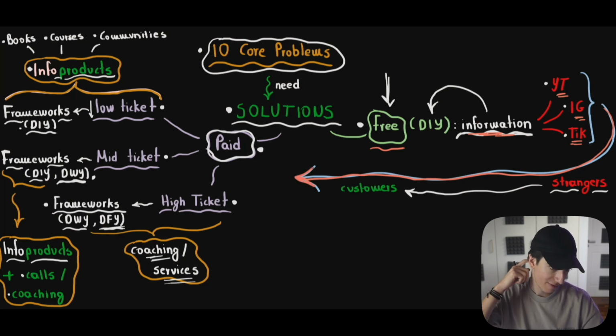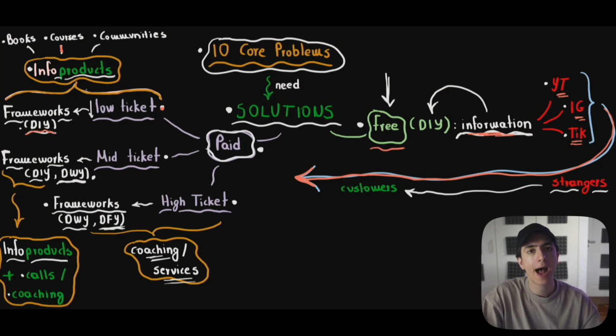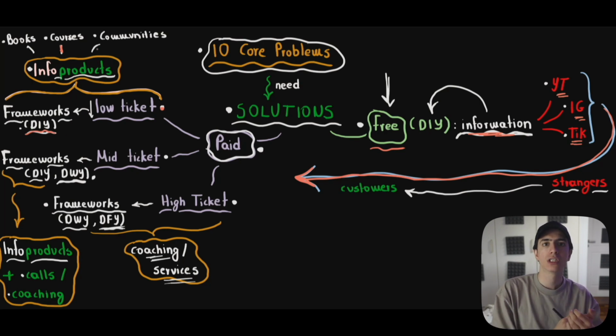In our offers, if I was giving breathing techniques for investment bankers, my low ticket offer would be a course in which I would teach them in a DIY fashion how to breathe for stress relief. I would give them some tips, some tricks, and that's it. Highly recreatable, could be distributed to all investment bankers in the world.